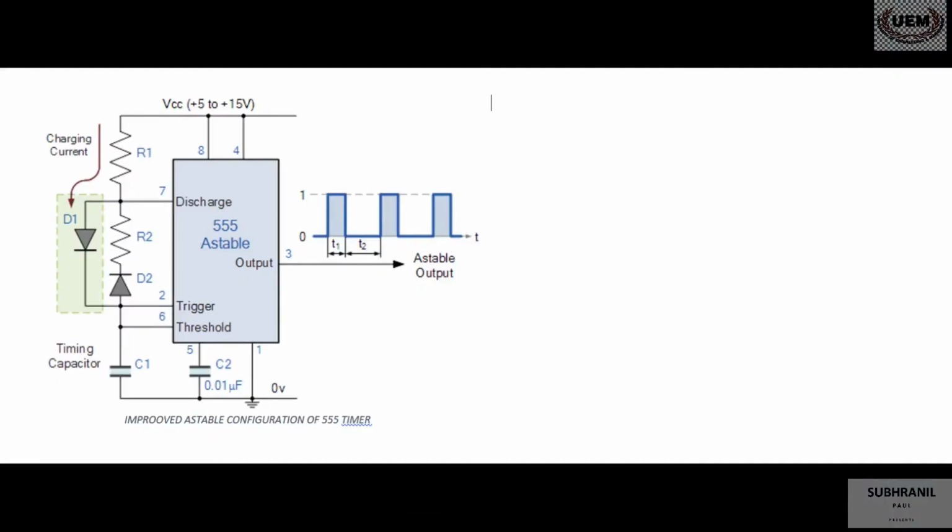Now we have to go through some theoretical equations and circuit diagrams to better understand how to control the duty cycle of the 555 timer IC. Here we can see the configuration of an improved astable multivibrator using the 555 timer IC on the screen. Now, why do we consider it an improved version of the normal astable multivibrator?